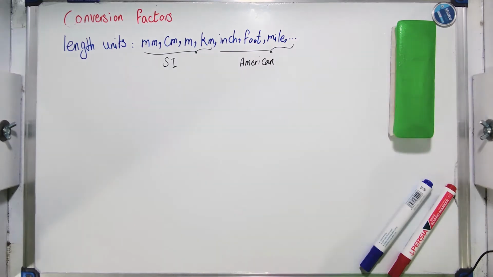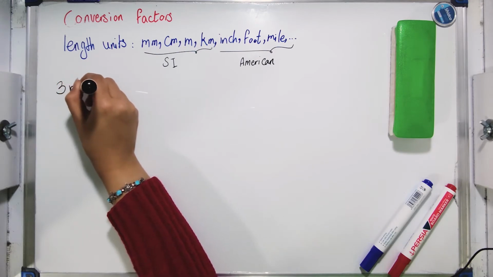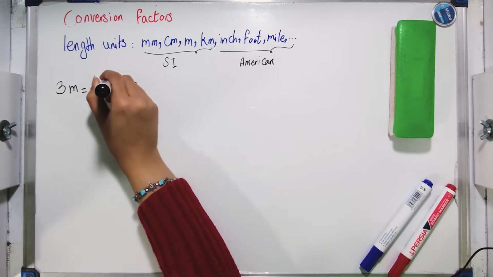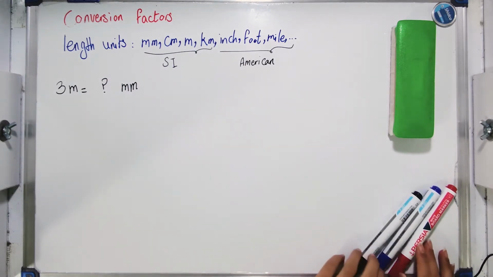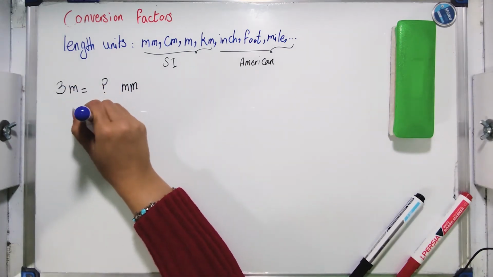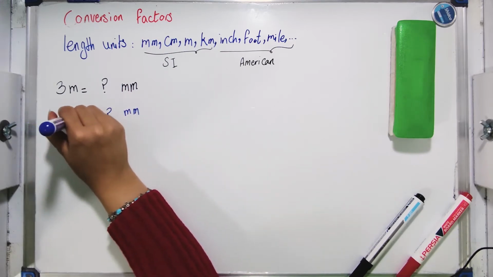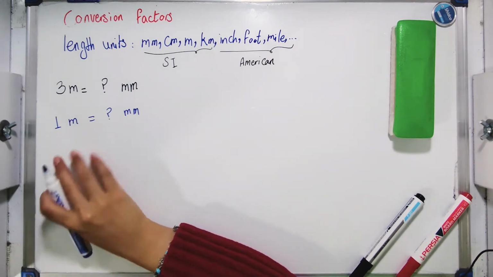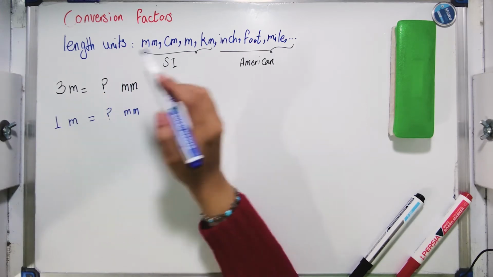If I want to convert, for example, 3 meters to millimeters, first of all, I should know how many millimeters there are in 1 meter.